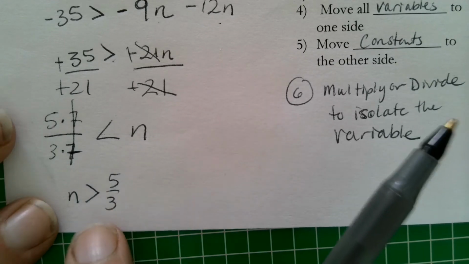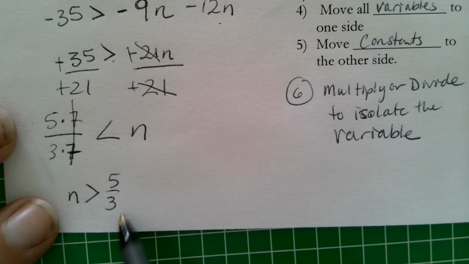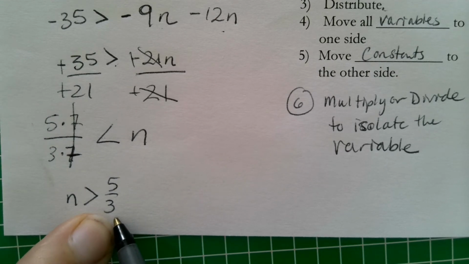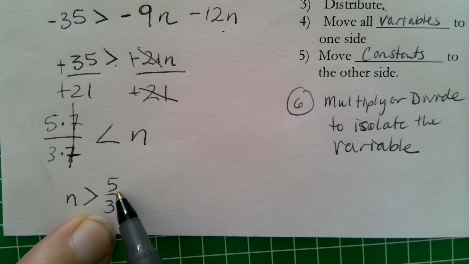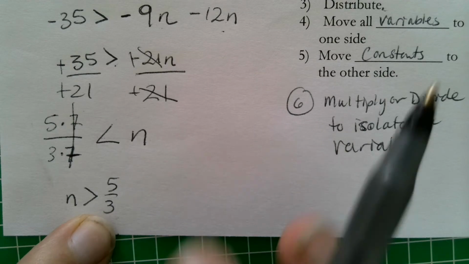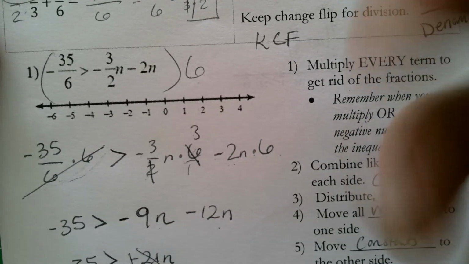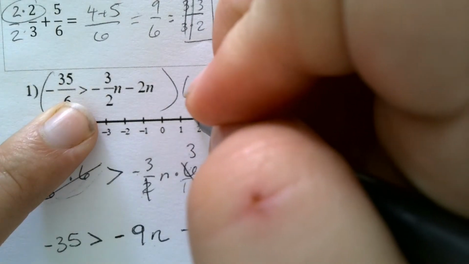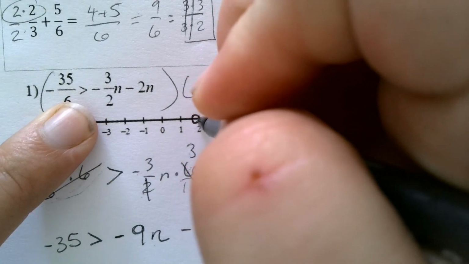Okay, now we have to be able to put this on the graph. Is this bigger or smaller than 1? Is it bigger or smaller than 2? Smaller. Just a tiny bit smaller, right? Because 2 would be 6 over 3. So this is just going to be a little bit smaller than 2. Is this an open or a closed circle? So we're going to have an open circle below 2.